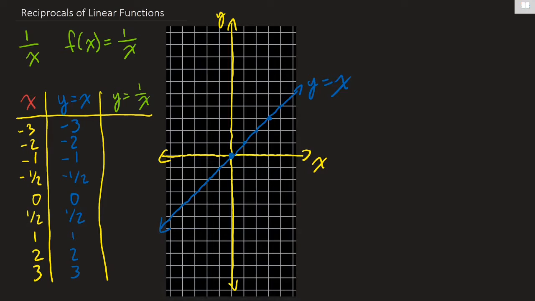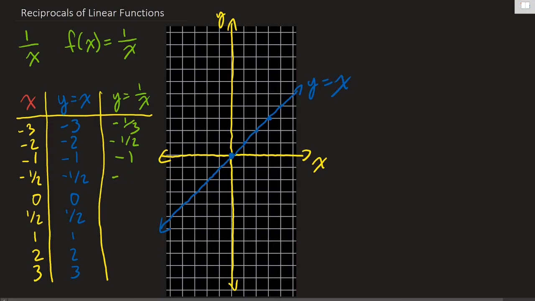Now our 1 over x function, 1 over -3 is -1/3. And 1 over -2 is -1/2. And 1 over -1, well, 1 divided by 1 is itself, it's just 1. So this is just -1. Now, 1 over -1/2, it's going to be negative.